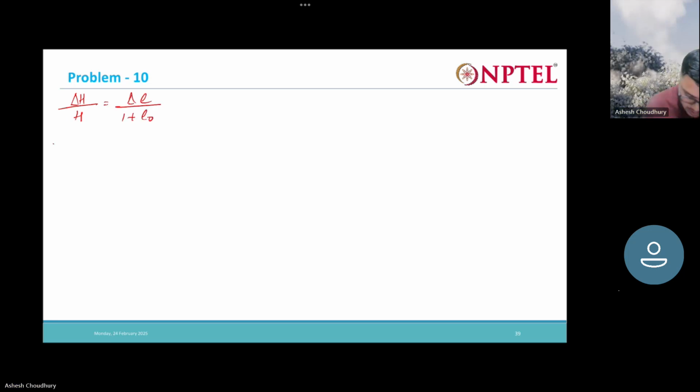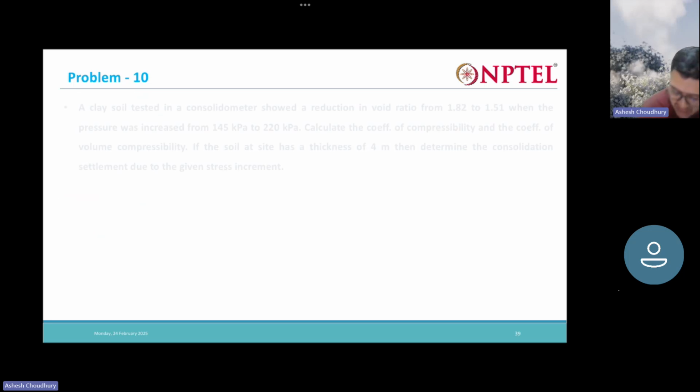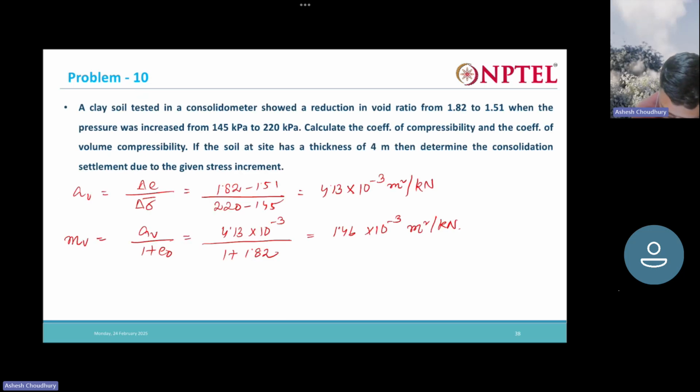Delta H by H is equal to delta E by 1 plus E naught. So settlement SC is H into delta E by 1 plus E naught. Now what is MV? MV is AV by 1 plus E naught.